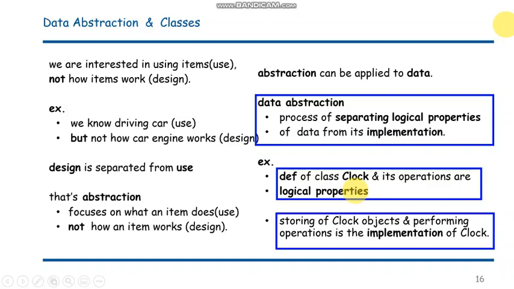Then we'll have the implementation, that will be the definition of our member functions. And then we'll have the user program. So the concept of abstraction is important, where we have to separate use from design, so that the client program, that is the user, knows how to use setTime, not how setTime works.